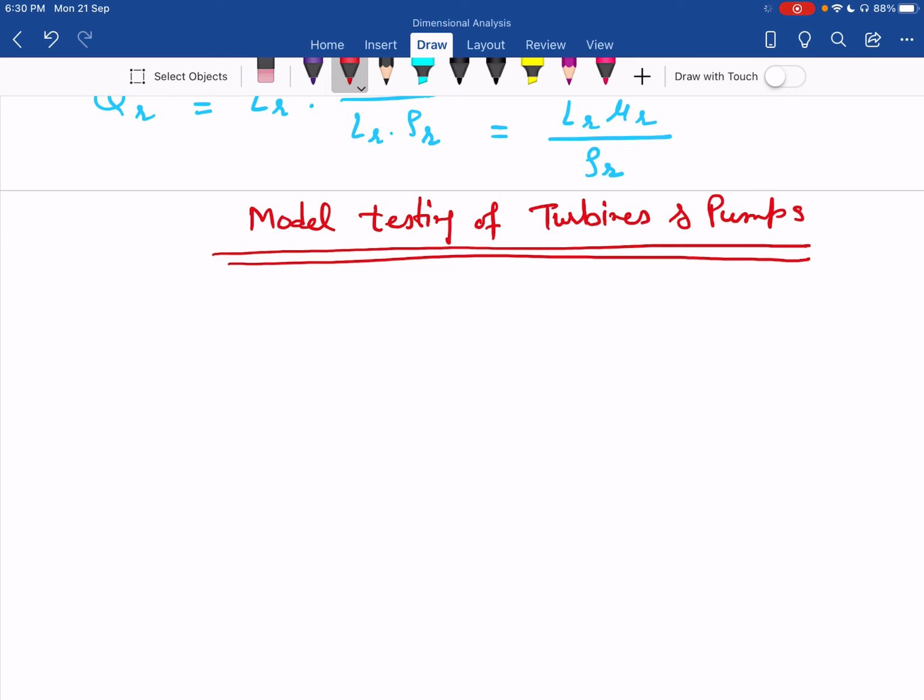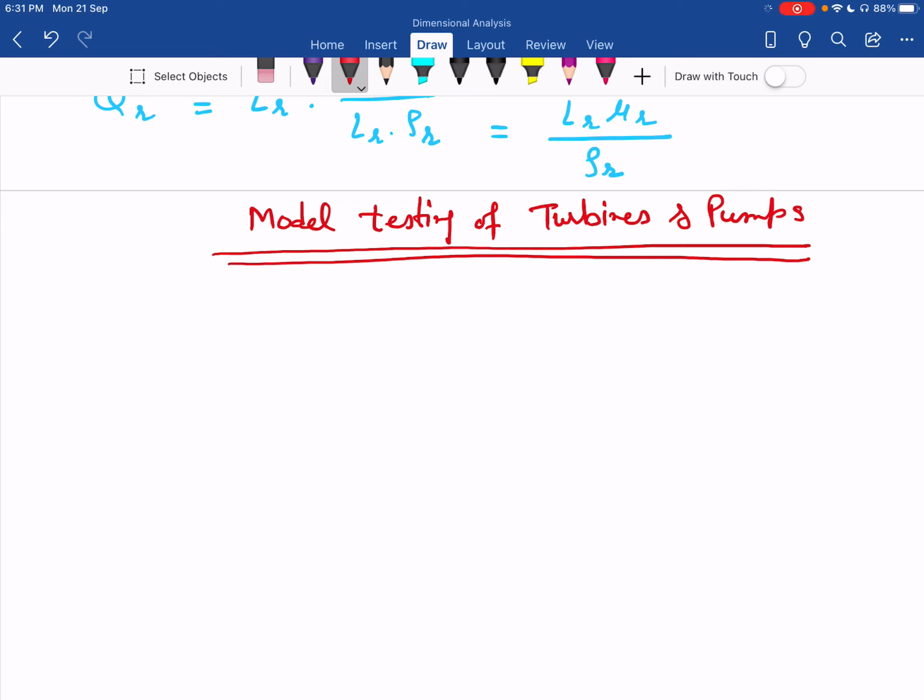So a model of the machine similar to the proposed prototype is prepared and tested. The design, shape, and dimensions of the model can be altered if required without incurring huge expenditure.